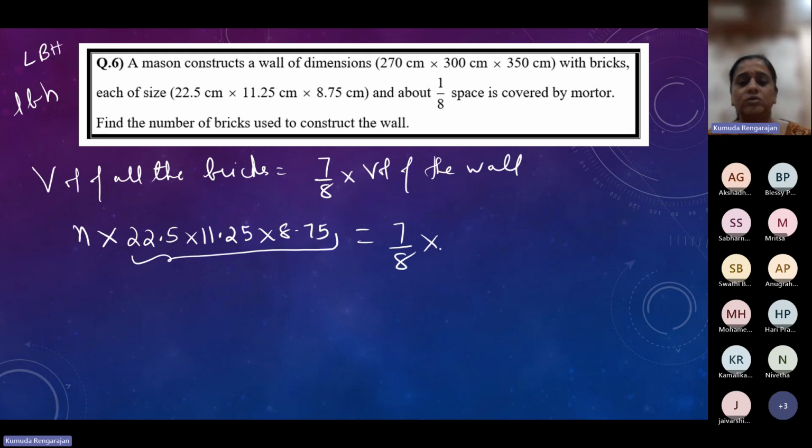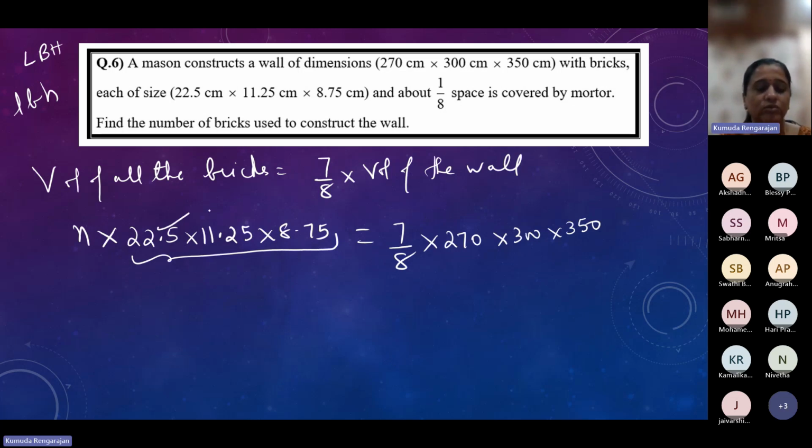So 7 by 8 into volume of wall. What's the volume of the wall? L into B into H, because again, it's a cuboid. And there you have L is 270, B is 300, H is 350. That's it. This is the equation.